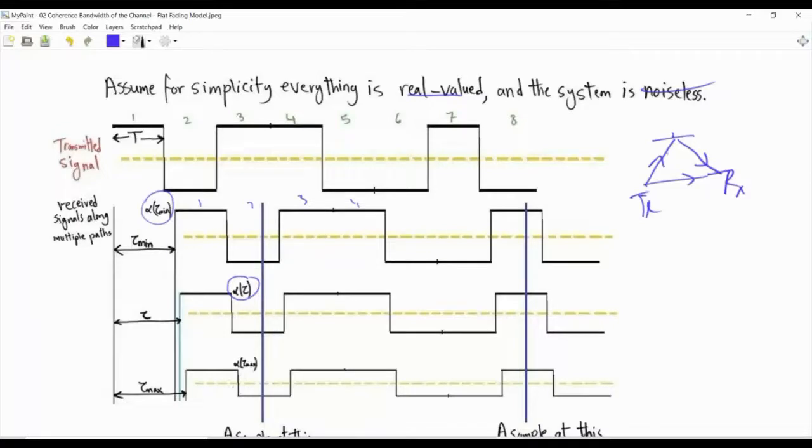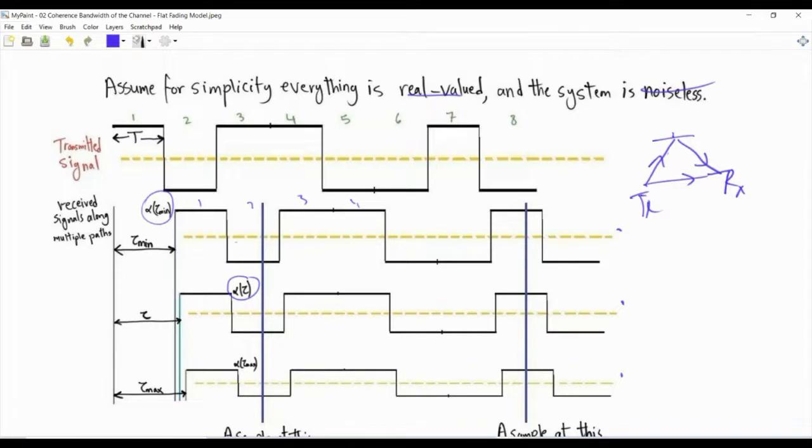We are assuming that after that, any received copies have negligible magnitude, so they are indistinguishable from the noise. So again, what you get at the receiver is copies, replicas of the transmitted signal. Each copy comes with some parameters, basically amplitude and delay.